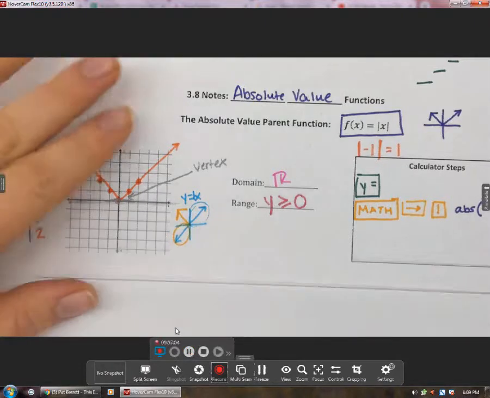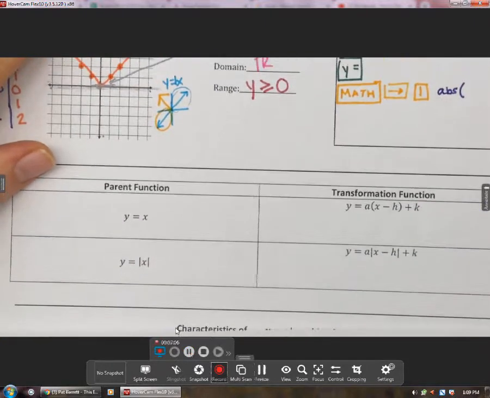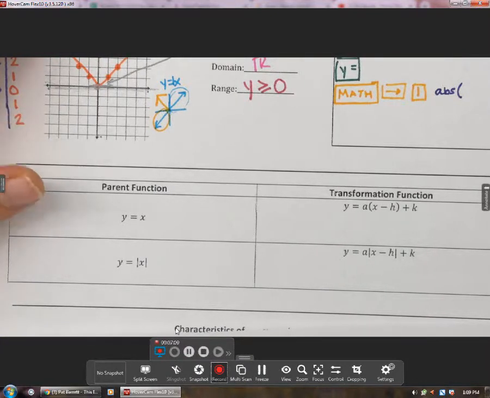Okay, so this down here, I thought I wanted to explain these graphs to you like this when I made these notes, but the more I thought about it, I don't know. It's not my favorite way to explain these.